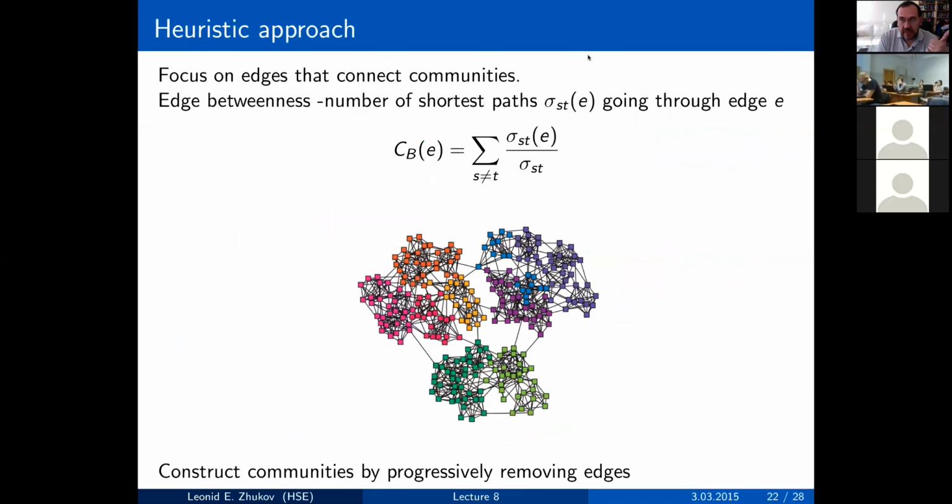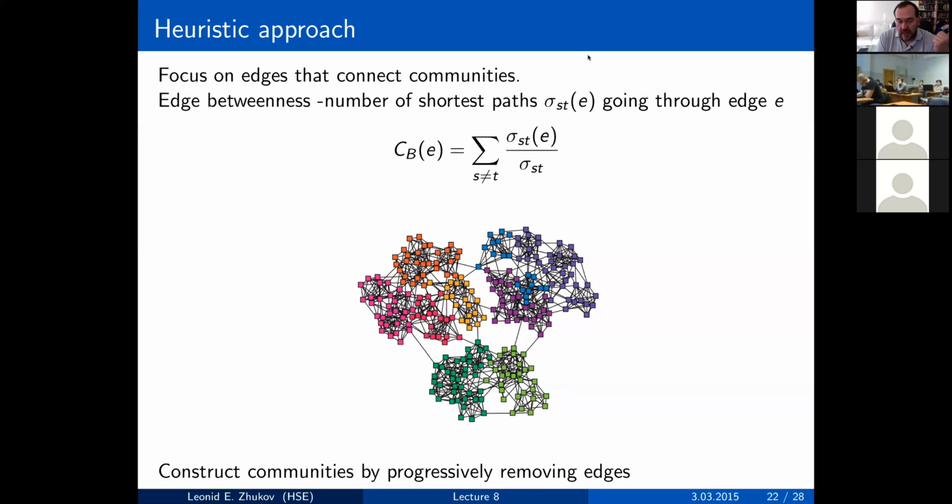Today we're going to talk about a heuristic algorithm, and this is a kind of cool algorithm that physicists came up with in the early 2000s, and it caused a lot of stir in the community because it was sort of obvious, but nobody had done it before.